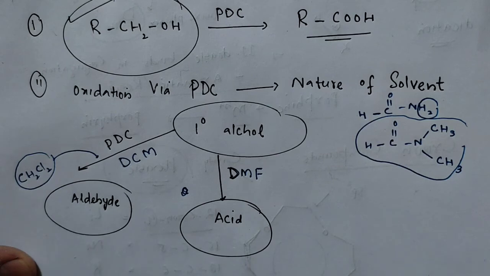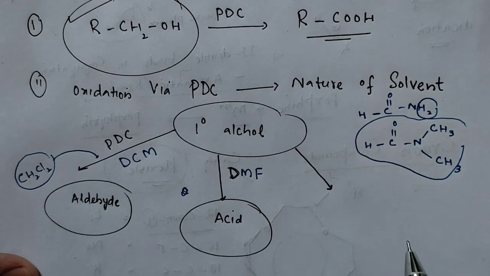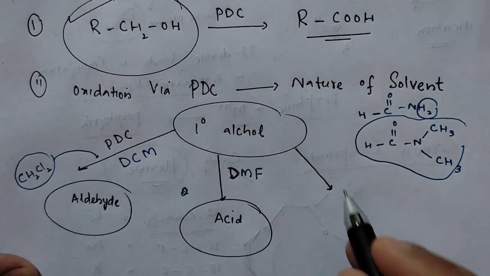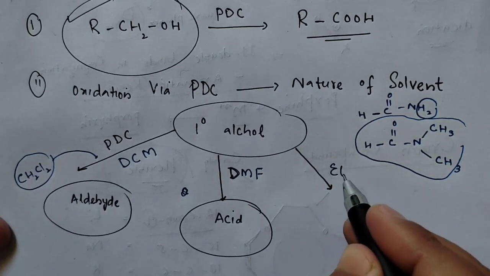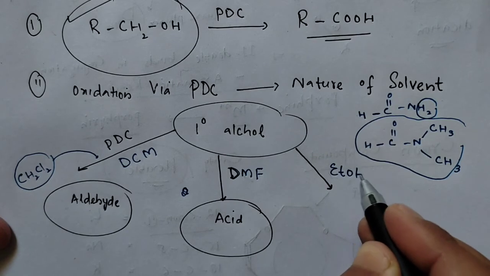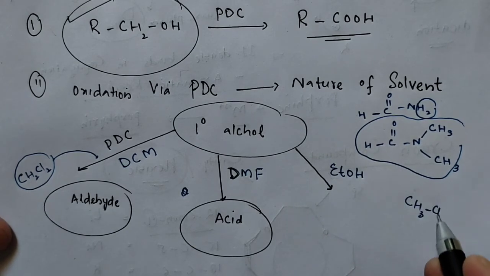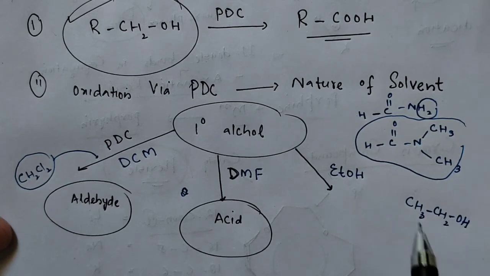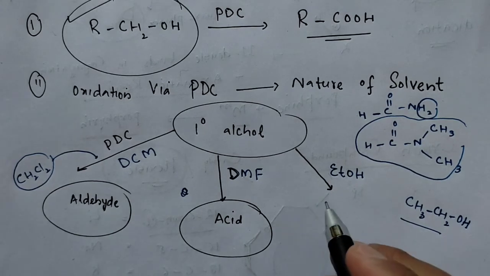And then if you use a highly polar solvent, let's say ethanol, EtOH, CH3CH2OH, then in the presence of ethanol as a solvent, your product is ester.